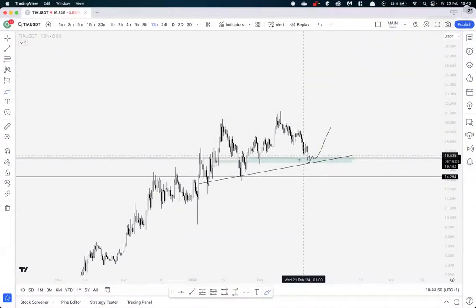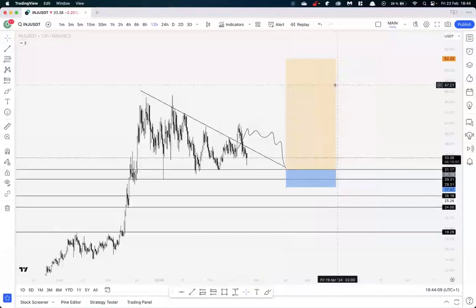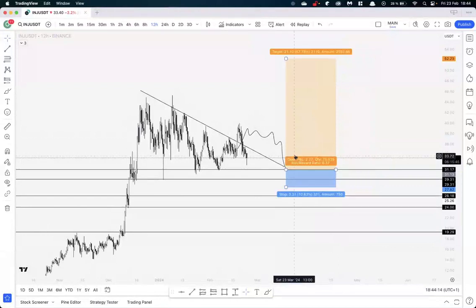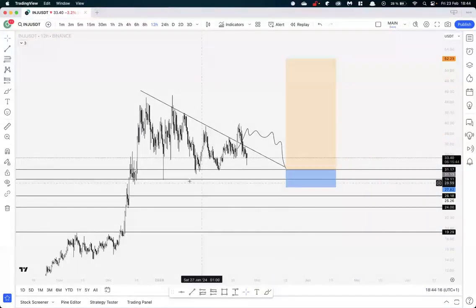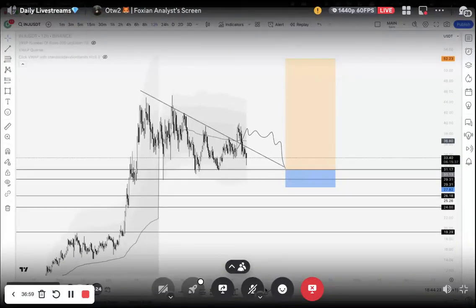Injective, yeah, sure. I have my Injective chart from last stream, it is still valid. It's this exact setup, so I'm just waiting for this. This is what I'm waiting for, because we have very, very, very heavy support resistance here, together with our VWAP standard deviation band number 2.